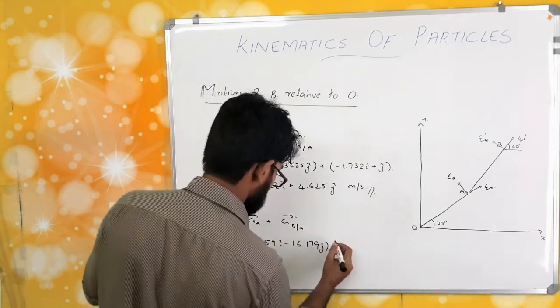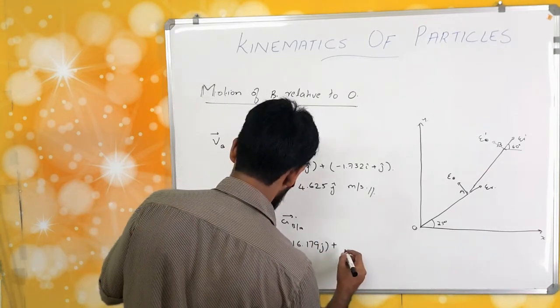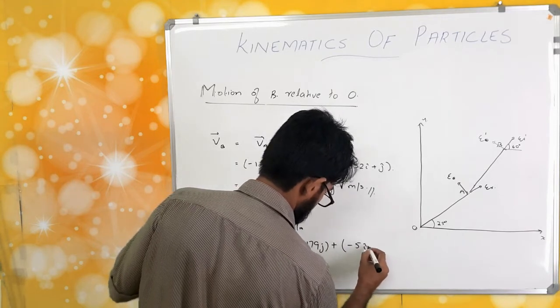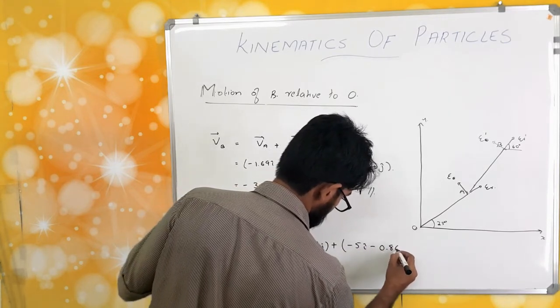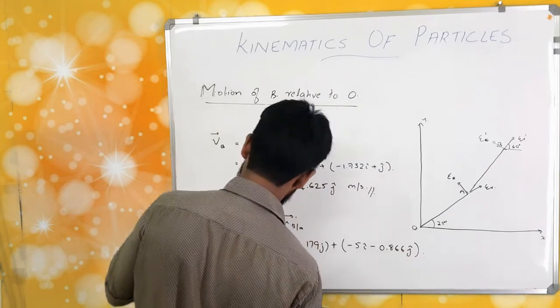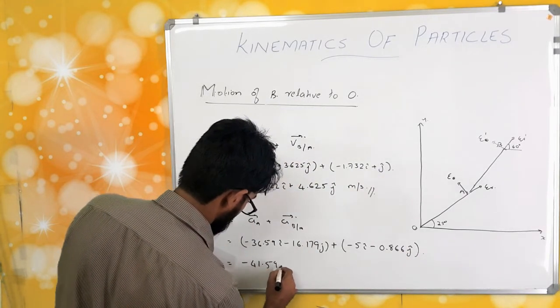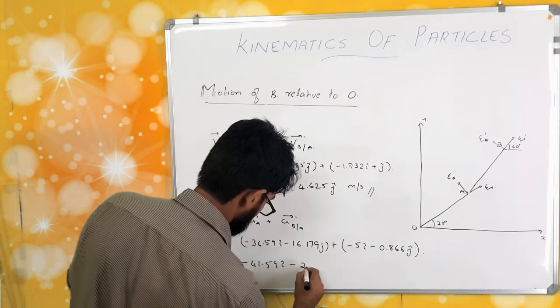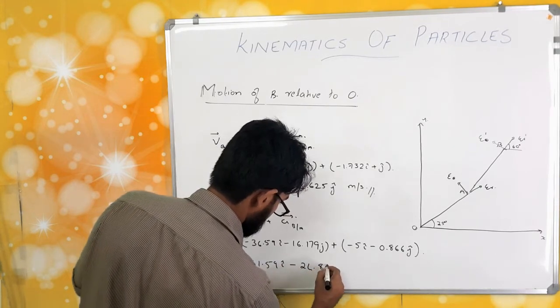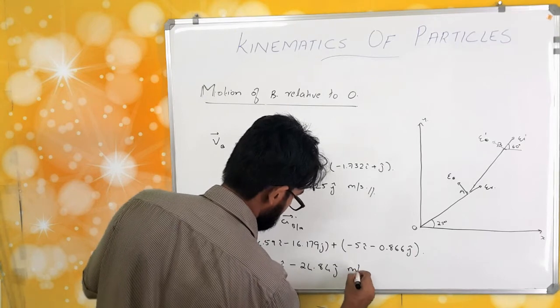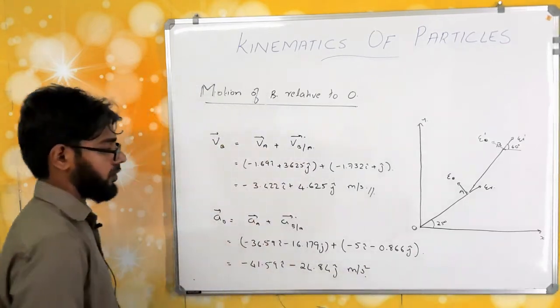Acceleration of B with respect to A will be equal to minus 5 I cap minus 0.866 j cap. So if you solve it out, you will get minus 41.59 I cap minus 24.84 j cap meter per second square.